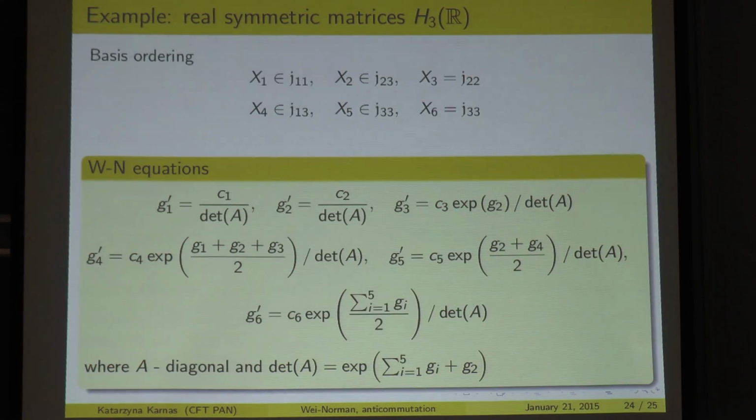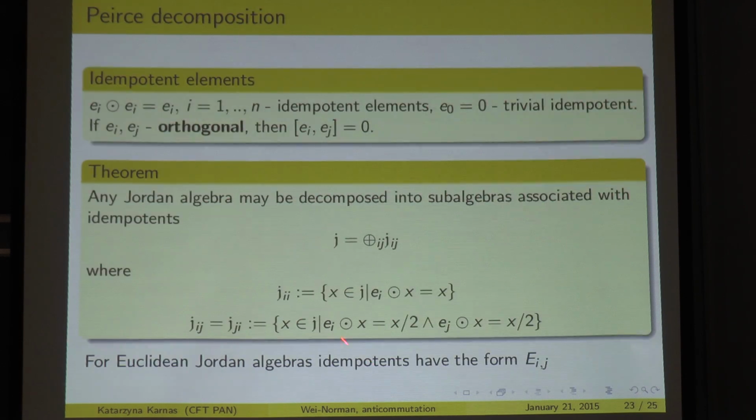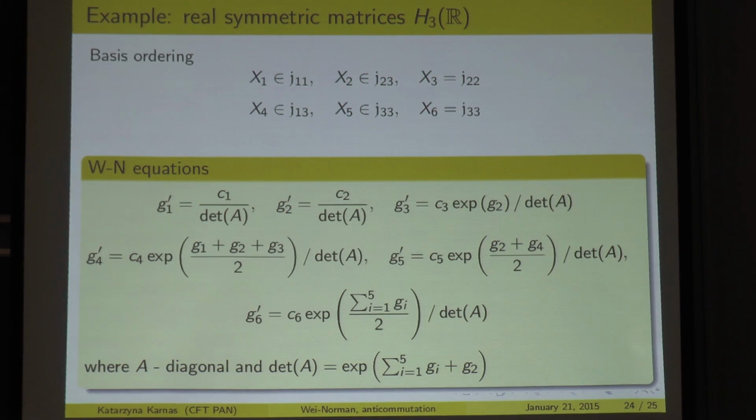Non-diagonal element rather than diagonal. Those subalgebras are called diagonal, and those are called non-diagonal. And this decomposition allows us to determine basis vectors, for example, for the algebra of real symmetric matrices, and solve the Wei-Norman equations for them.